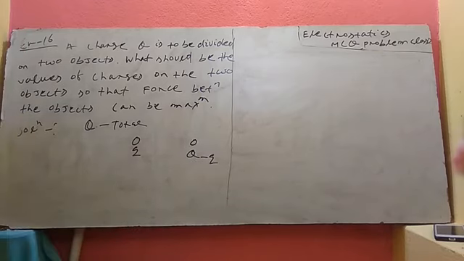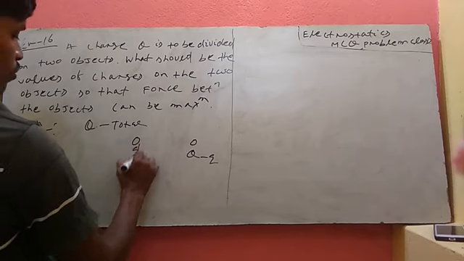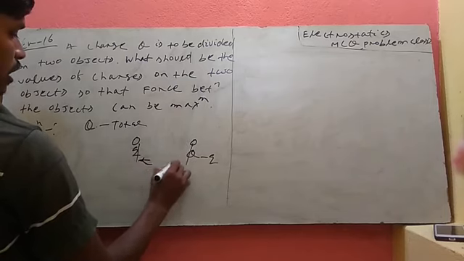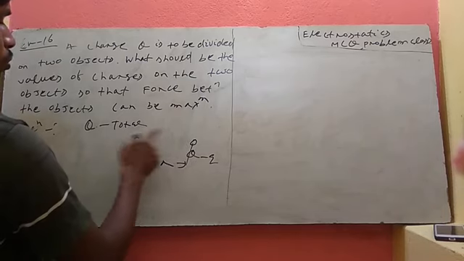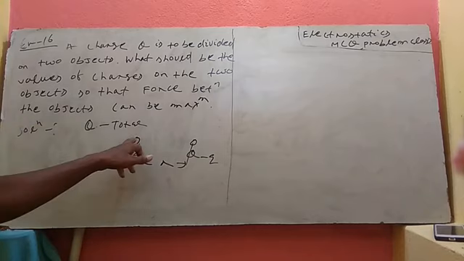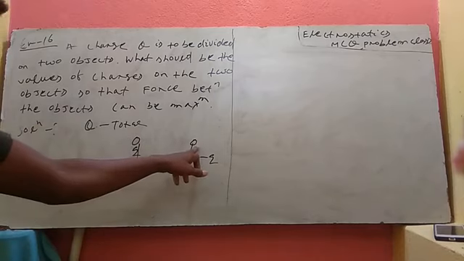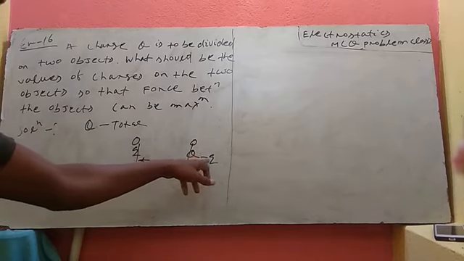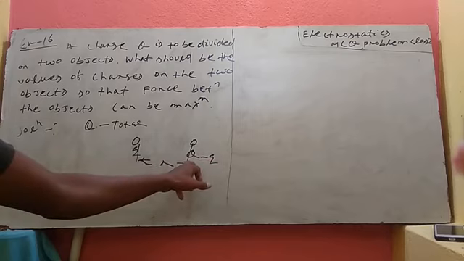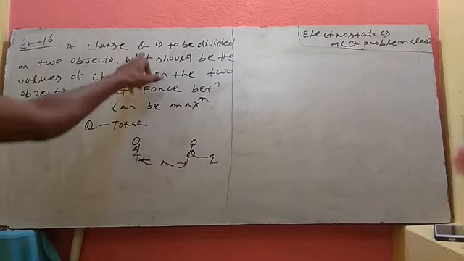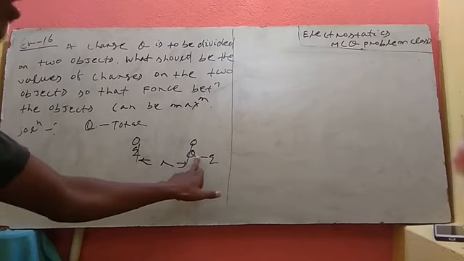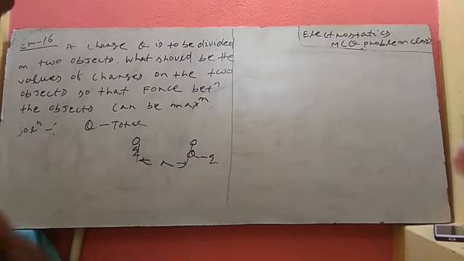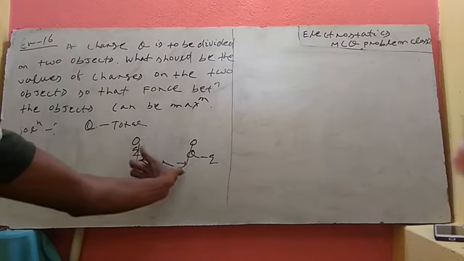So the force between two objects, distance suppose r. One object has charge q, another object has charge Q minus q, because the total charge is capital Q. Distance between the two objects is r.